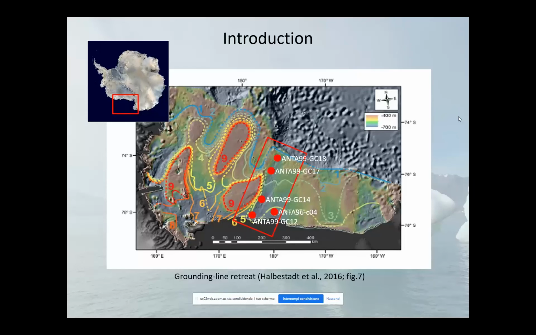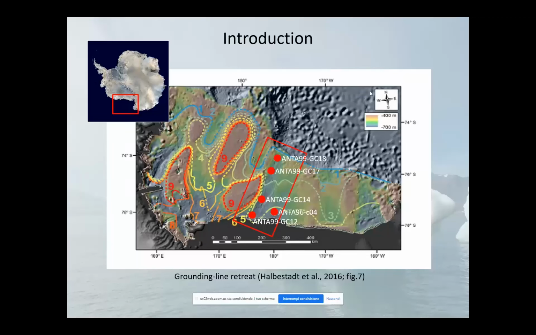And these characteristics may have led to an early retreat in the Eastern Ross Sea, but the timing of the events are still debated, and this is because the dates have mainly been obtained from organic matter, which is aged in Antarctica and also is less reliable than calcium carbonate.